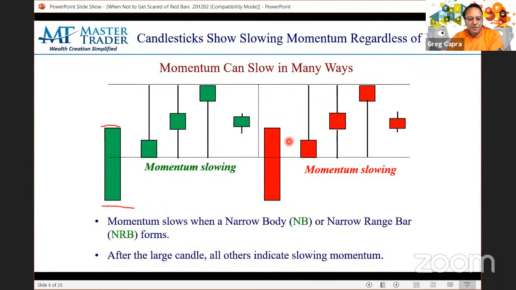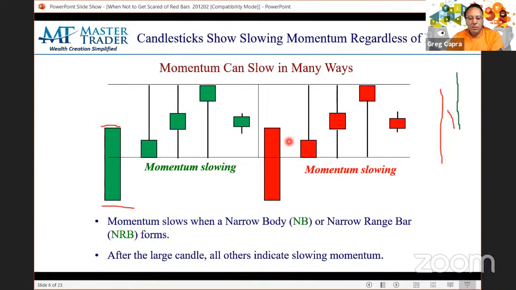So on these, we look at candle ranges. Is it a big or a small candle? Is it green or is it red? Oh, here's a big red one with a little red one, and now there's a big green one. What does that mean? Well, we have to put it in the context of the trend.